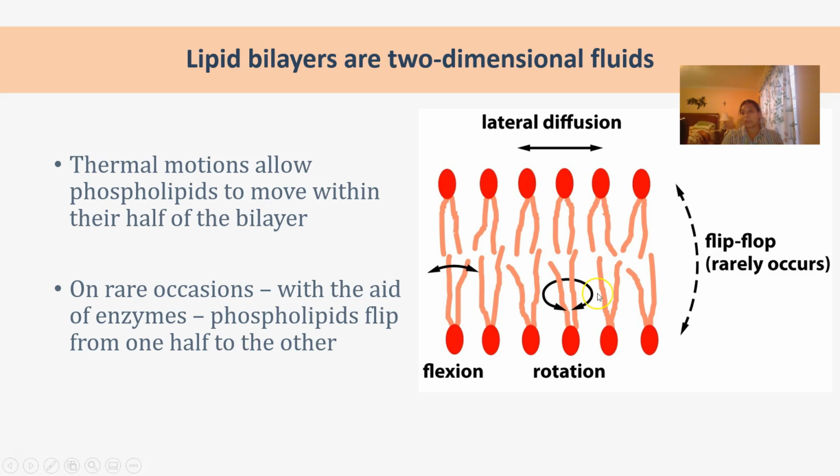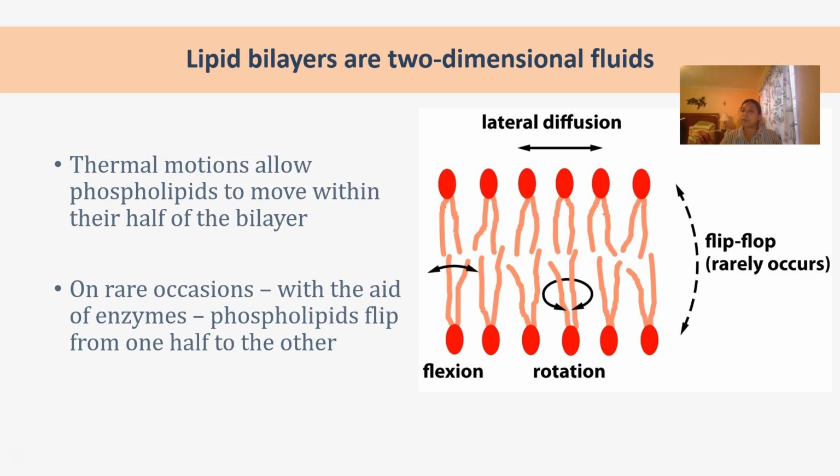Most of this movement is going to be lateral diffusion. So you will see movement of these lipid molecules all throughout the cell membrane area. You will also see them rotating on their axes, or flexing just their tails, the fatty acid tails as well.